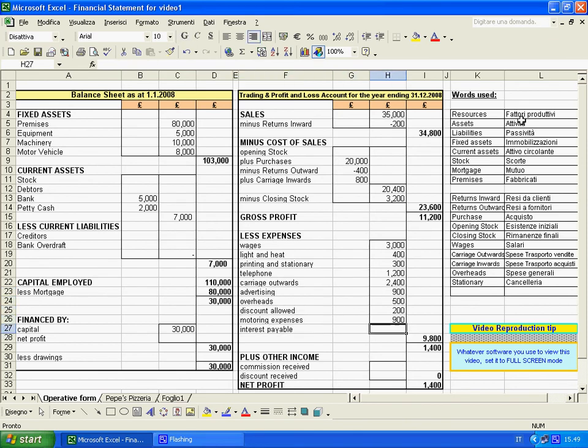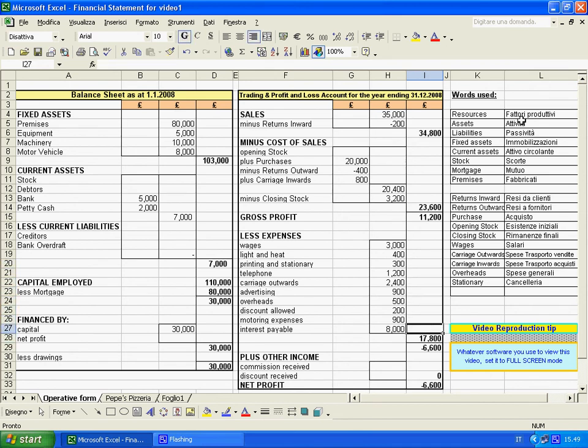Considering an interest rate of 10%, we will pay interest to the bank for £8,000, and the total amount of these expenses is 17,800.